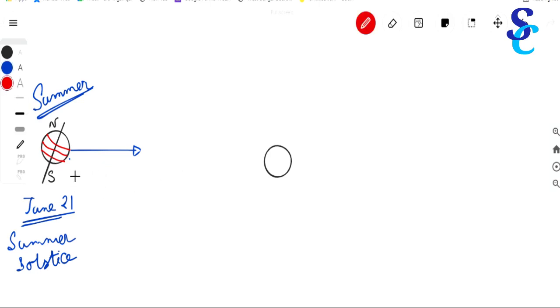Now after 3 months the earth will come to this position, and obviously I cannot show you the other side, we can only illustrate it.